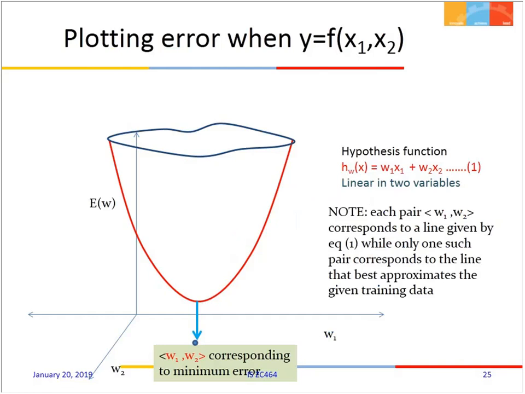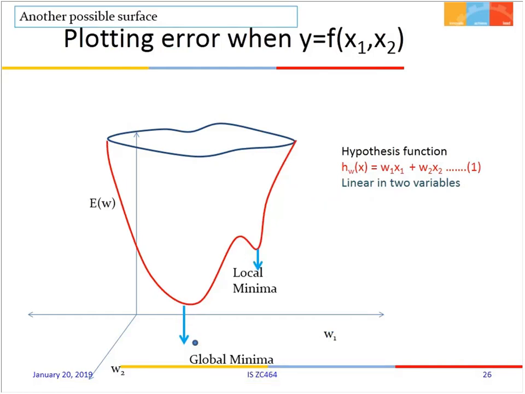There are several techniques in machine learning which help us reach this global minimum. Why I am calling it the global minimum is because there could be a point corresponding to a pair W1, W2 that appears to be the minimum error, but there is still a much smaller error existing corresponding to another pair of W1, W2.